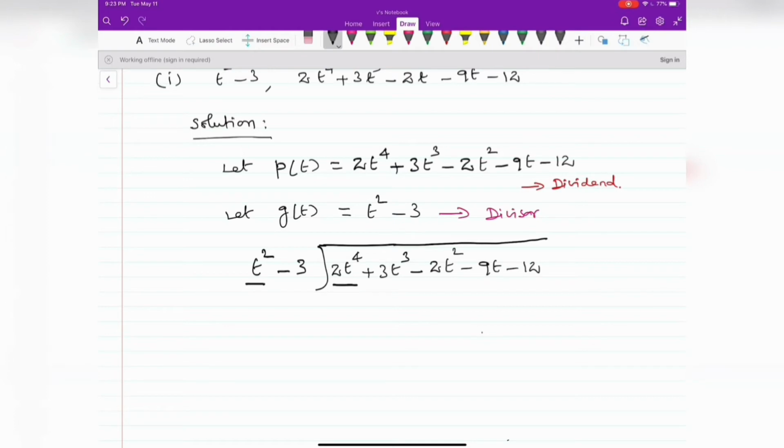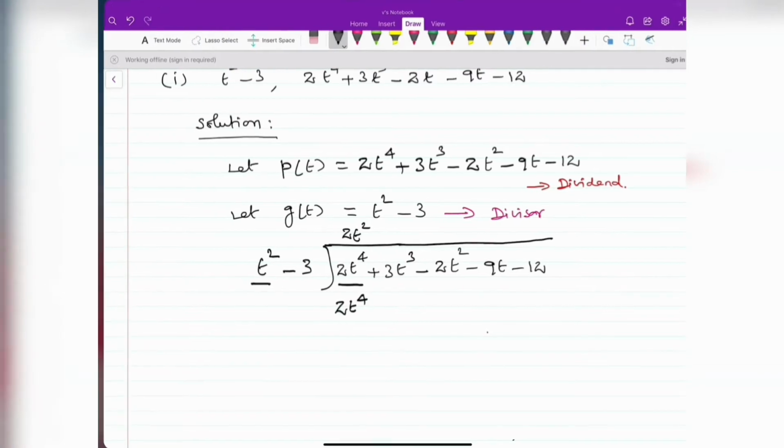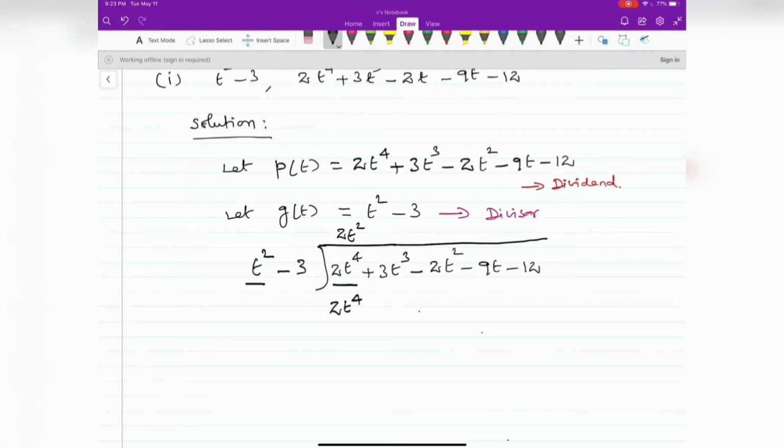So, to get 2t power 4, I have to multiply t square by 2t square. So, let me do that. 2t square. So, I will be getting 2t power 4 minus 3 into 2t square, which is minus 6t square. Let me write this under the t square column. So, I will be getting here minus 6t square.